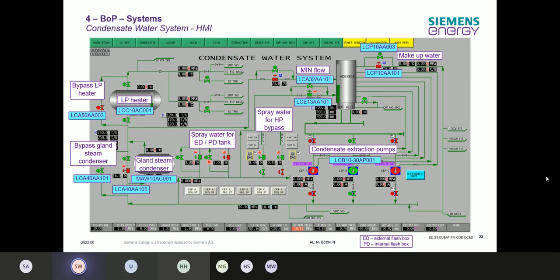We have then over here the MinFlow line for the condensate extraction pumps. So these are LCE 13 AA101, LCA 32 AA101.